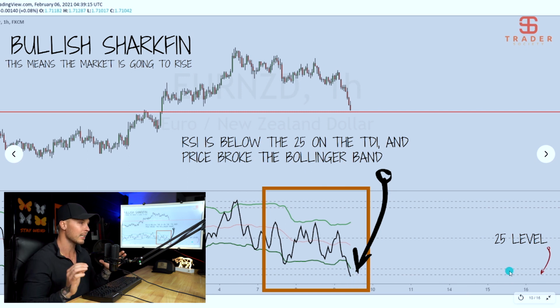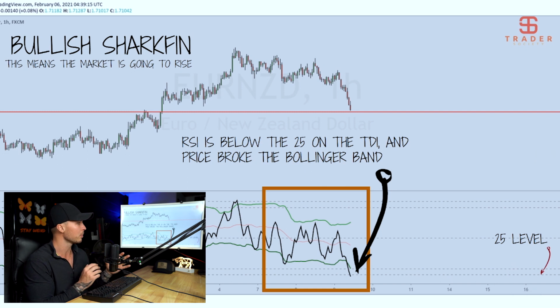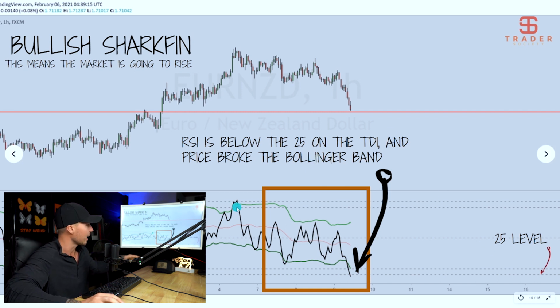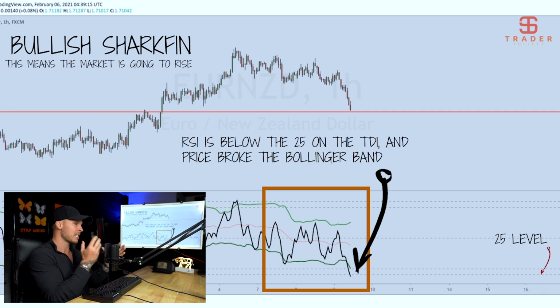And a lot of people get stuck on that. Like, why does it have to be below the 25? Because I've done so much back testing on this strategy. And nearly every time that the RSI goes to the 75 or the 25 right here, that's where we're going to have the best probability that our shark fin is going to work out.